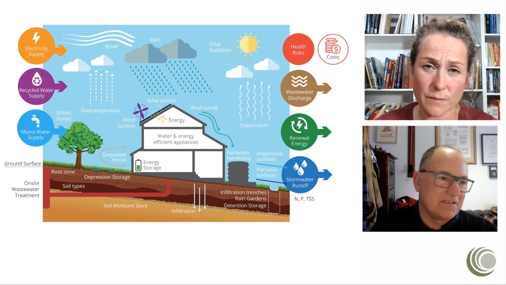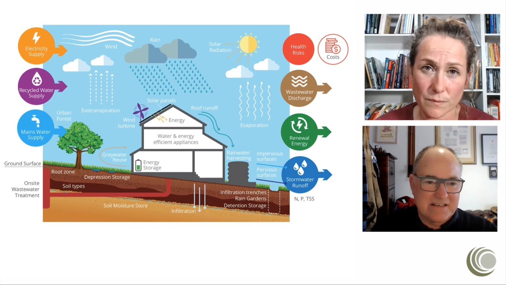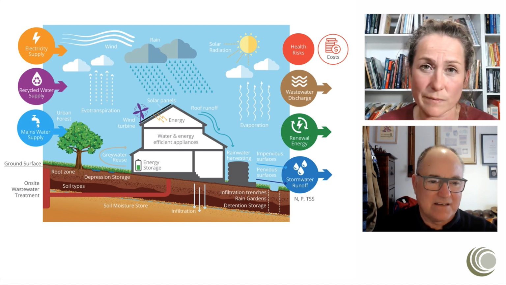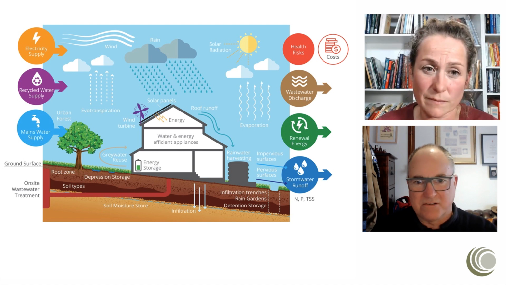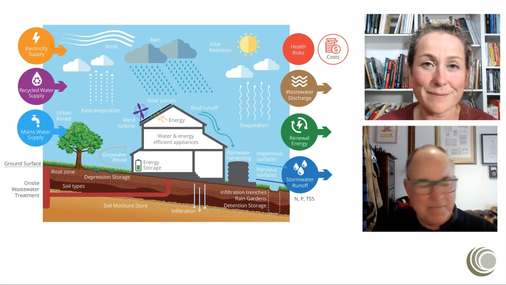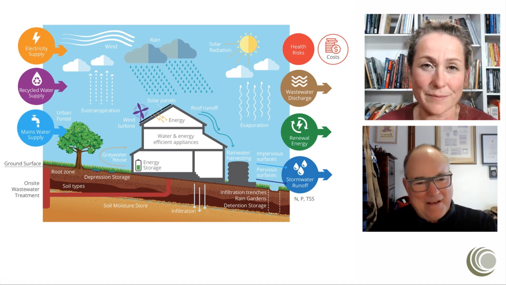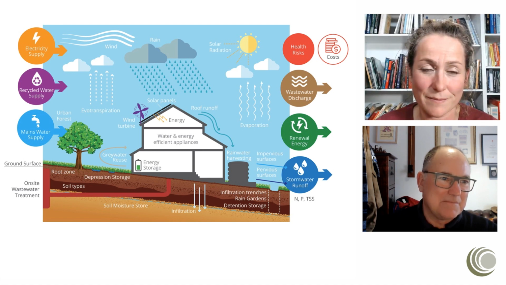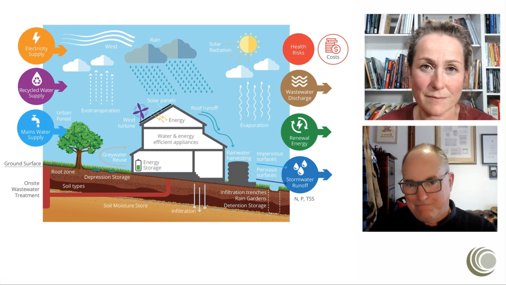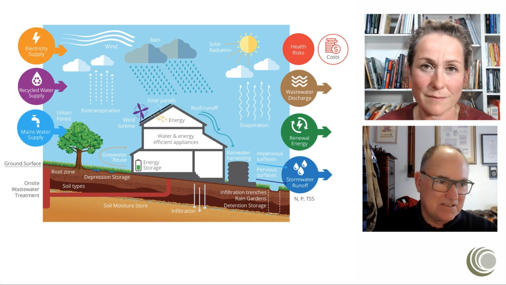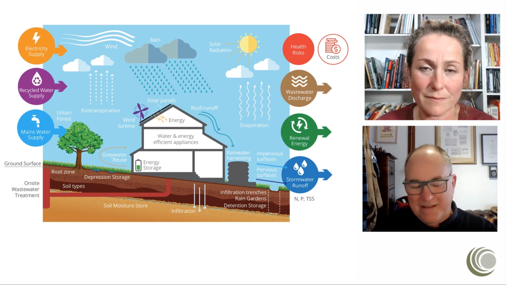Because with local scale solutions like this, there's a tendency to look at one house and one rainwater storage or one solar panel and say it can't possibly make a difference because the demand is so big. But the demand is the sum of all the behaviours of people throughout all the properties. So if every one of those properties makes some of its own energy or uses some of its own water, clearly it changes those demands on every property.